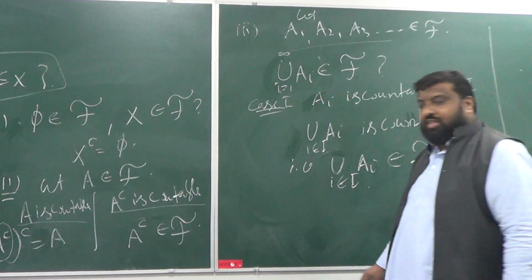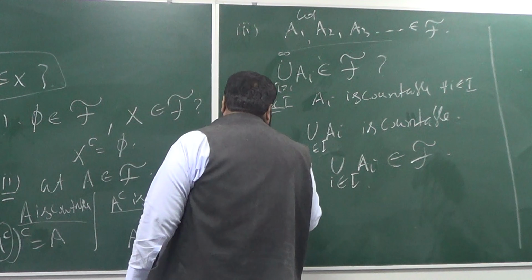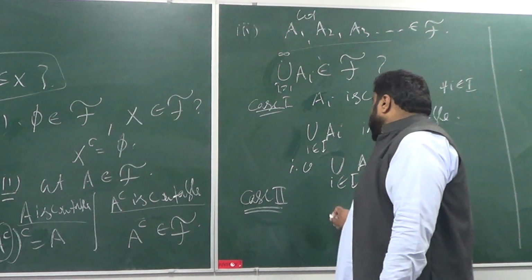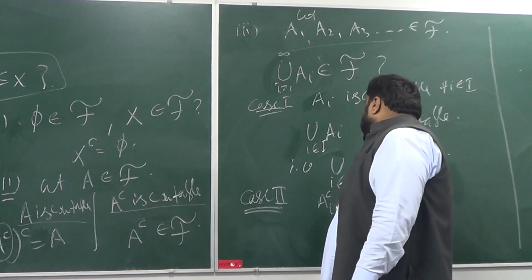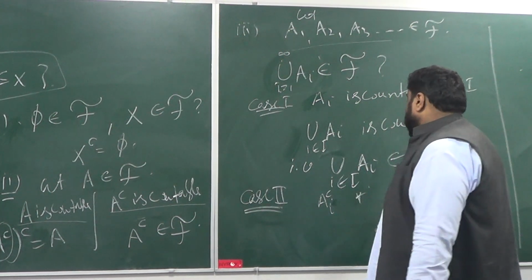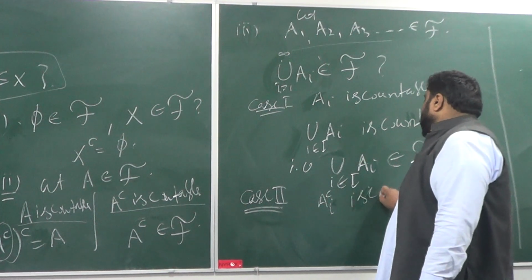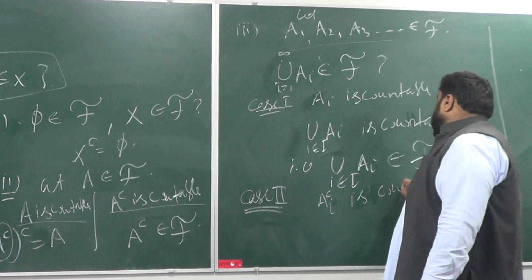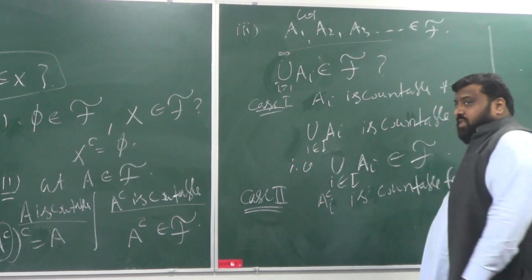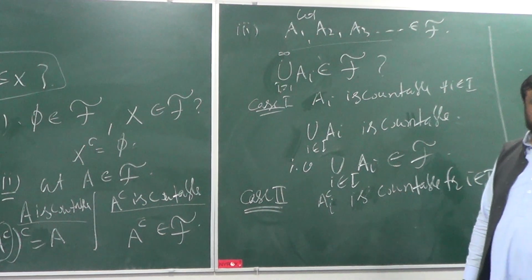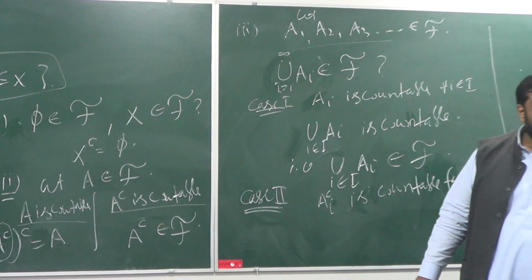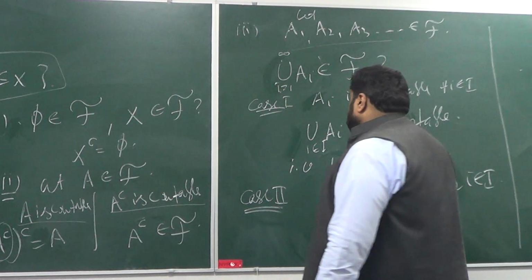You will have another extreme case. Not all of these sets are countable, but all their complements are countable. So A_i complement is countable for all i. Now, from the countability of these, how can I deduce the countability of the union? Apply De Morgan's law.